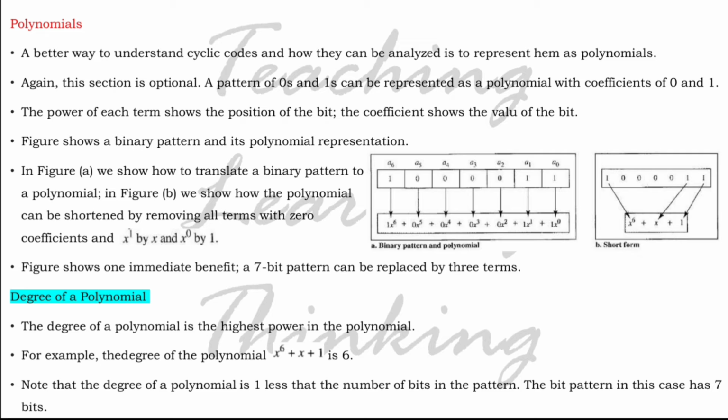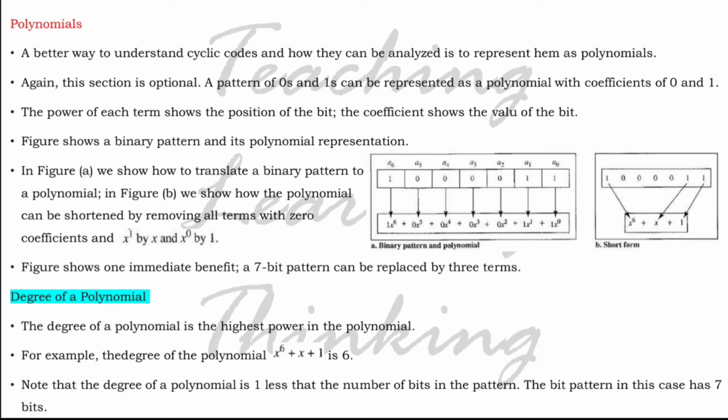So this goes to x raised to 6 plus x raised to 1 plus 1, that is x raised to 0 is already 1. So the short form is x raised to 6 plus x plus 1.